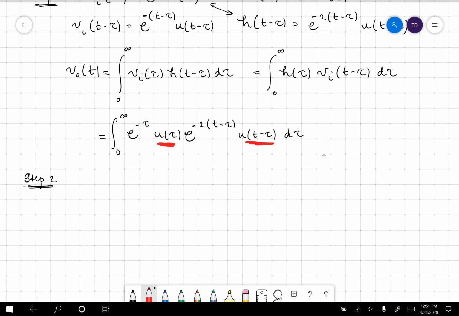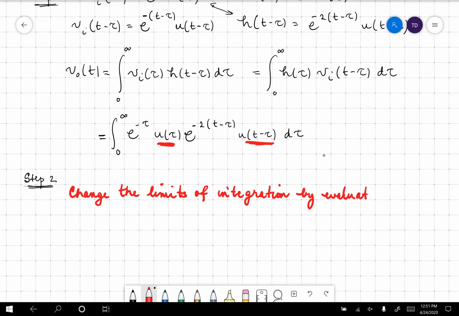So I want to remind you, in step 2, change the limits of integration by evaluation of any unit step functions in the integral.